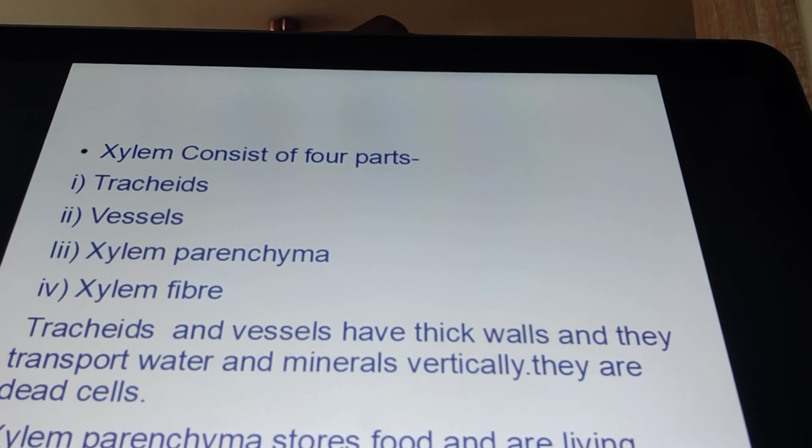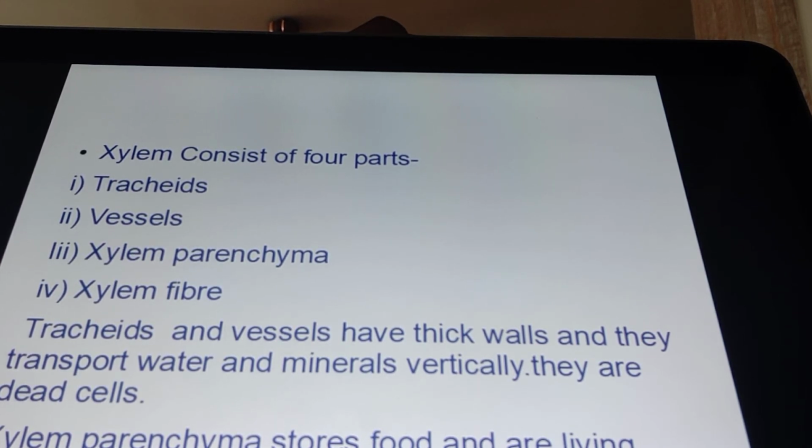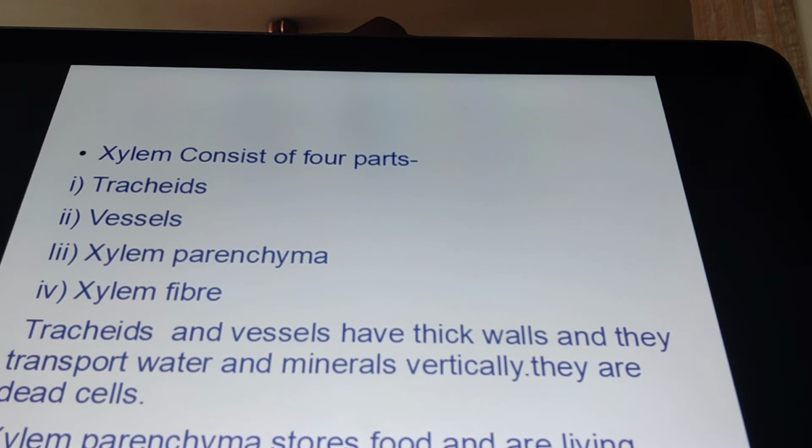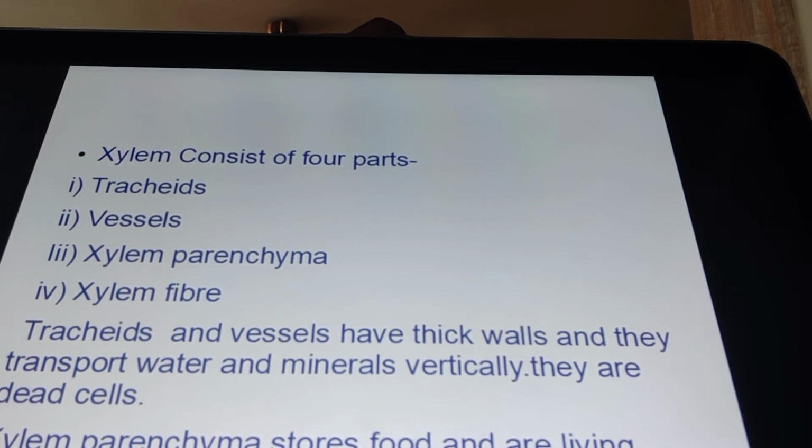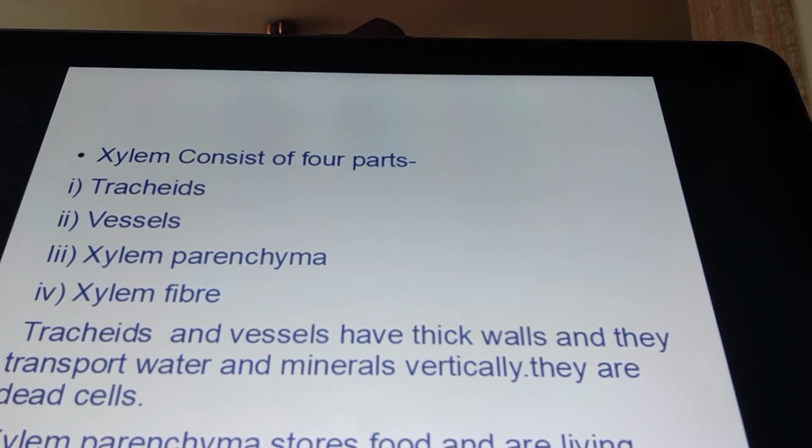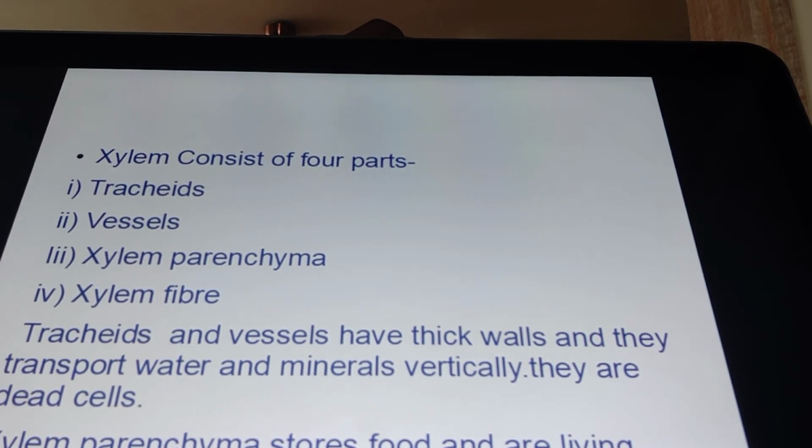Whereas xylem fiber mainly gives mechanical support to the plant body. Out of these four cells, xylem parenchyma is a living cell, whereas tracheids, vessels, and xylem fiber are dead cells.